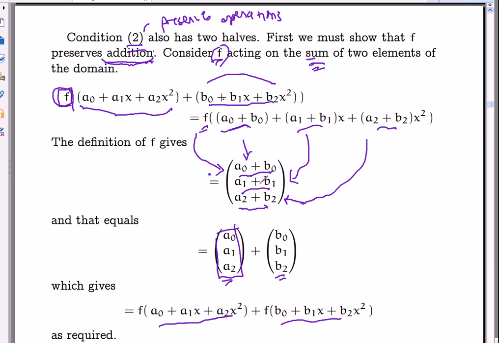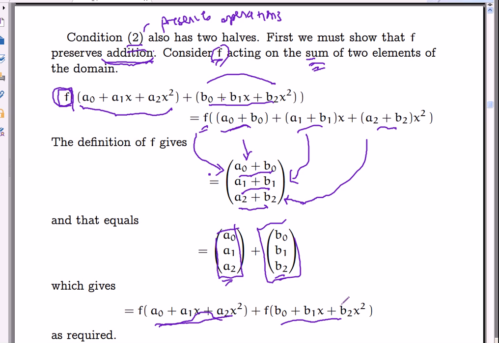But notice that this vector here, just by using ordinary vector addition, I can break apart into two parts. The part with the a's and the part with the b's. Okay. And this part with the a's is simply f of the polynomial with coefficients a0, a1, a2. And this part with the b's is simply f of the polynomial with coefficients b0, b1, and b2.